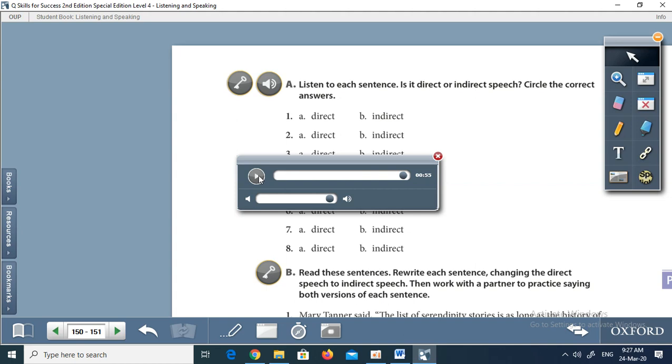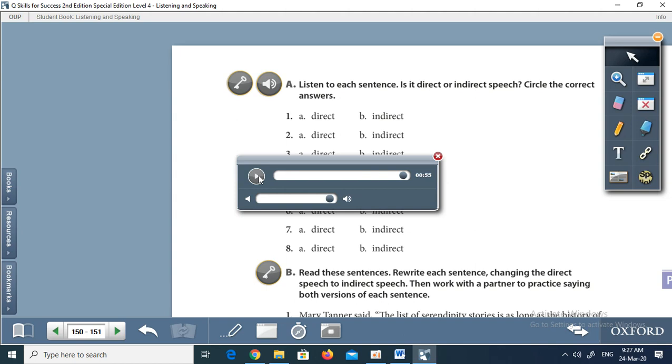All right, we're going to play it again, but remember one of the things that tells you if it is direct or indirect speech is when the subject changes. So if I say, Ahmed said, I'm really glad to see you, that is direct speech.